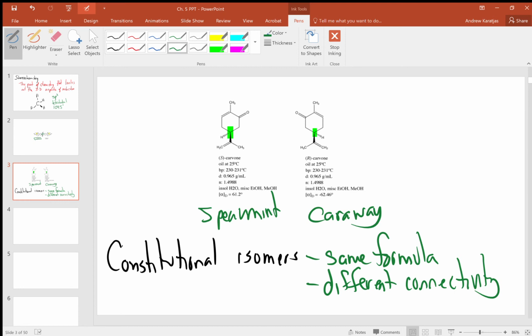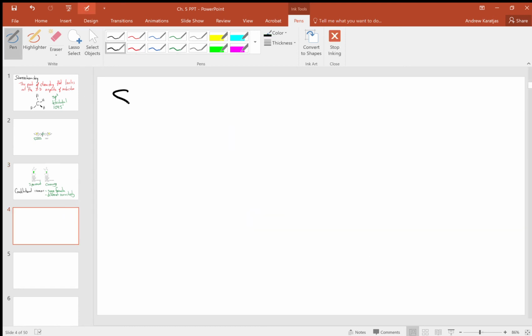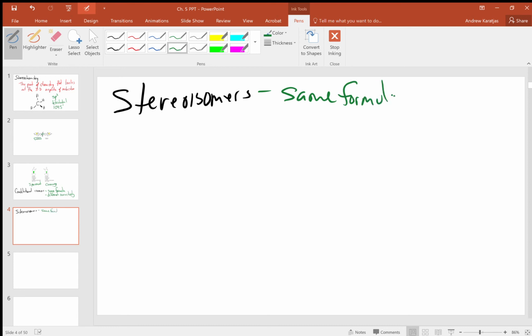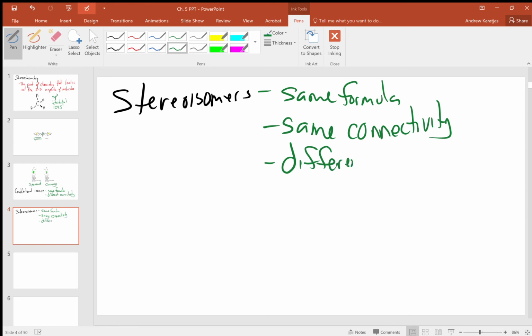From here, we're going to start dealing with a larger class of compounds known as stereoisomers. Stereoisomers: same formula, same connectivity, different 3D arrangement.